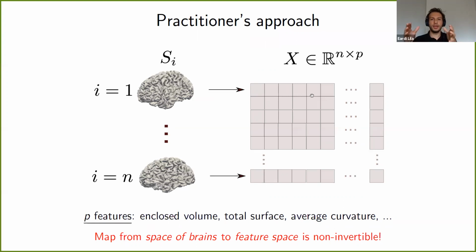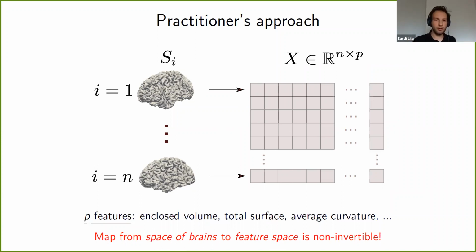So suppose you have this data matrix, you run your favorite machine learning model, you learn something about the columns of this data matrix, which means about the features. But you cannot translate the results back into the space of these original objects because this map is not invertible.